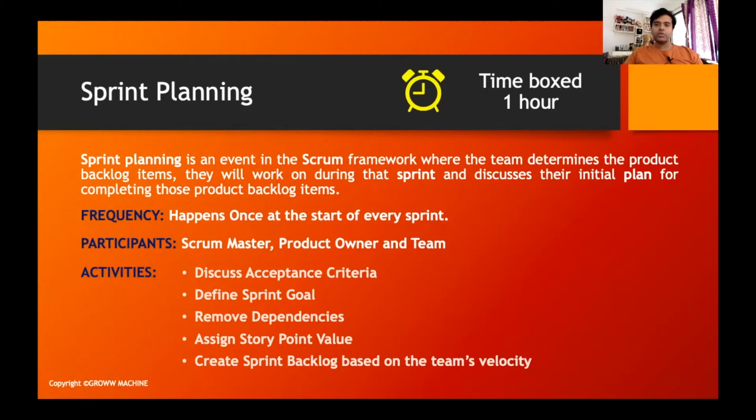In this sprint planning, it's usually the scrum master, the product owner, and the team who decide it together. But primarily, the role of the Scrum Master is to drive these meetings and to ensure that he has the view of the capacity planning, that is, how many items can be taken up as part of the sprint based on the velocity of that particular team.